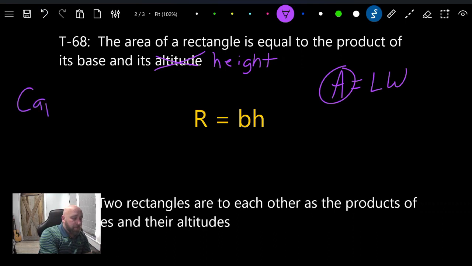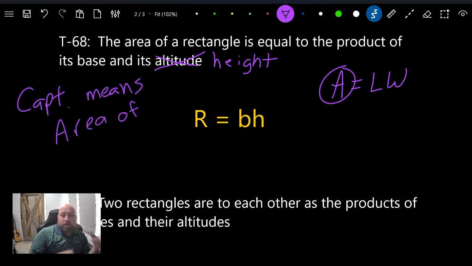So capital means area of. You could have area of a circle would be capital letter C, area of a triangle, area of a square, area of whatever shape, you use the capital letter. If it's a triangle, you'd use a capital letter T, and that would show you your area.